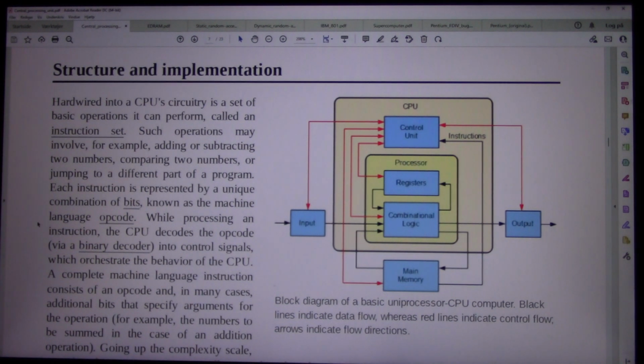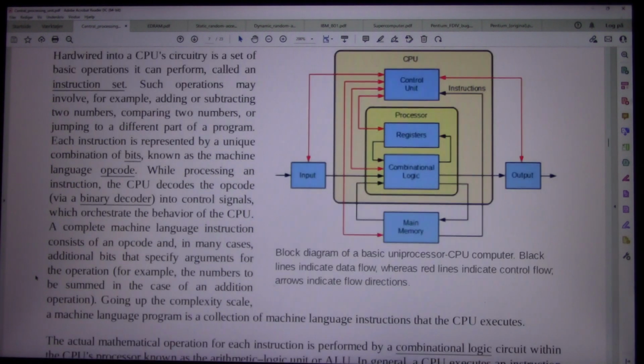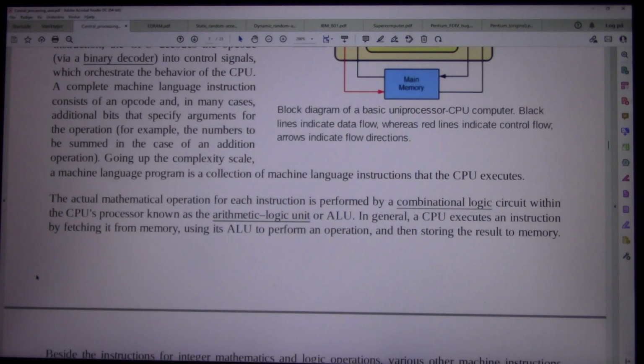Each instruction is represented by a unique combination of bits, known as the machine language opcode. While processing an instruction, the CPU decodes the opcode, via a binary decoder, into control signals which orchestrate the behavior of the CPU. A complete machine language instruction consists of an opcode and, in many cases, additional bits that specify arguments for the operation, for example, the numbers to be summed in the case of an addition operation.